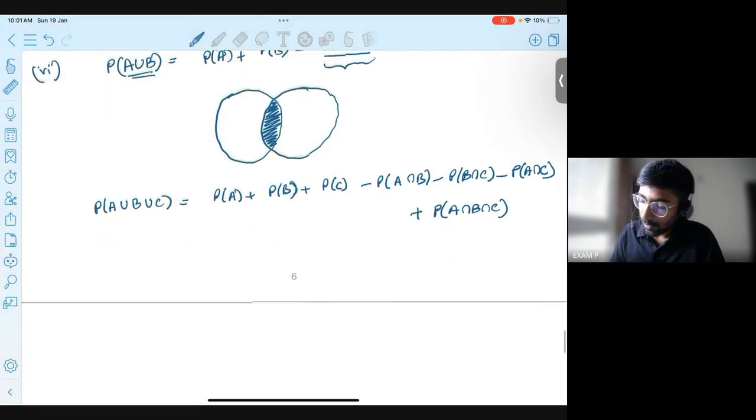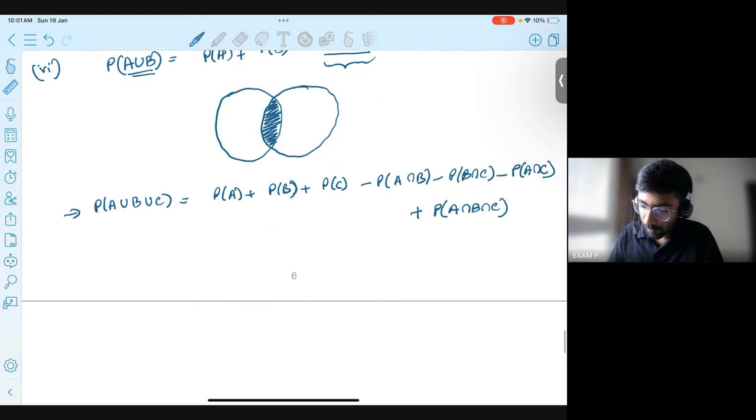So this is another formula for you. If you remember the set theory from earlier classes, this should be okay. Here also, while subtracting these things, you end up subtracting this too many times. That's why you need to add it once.